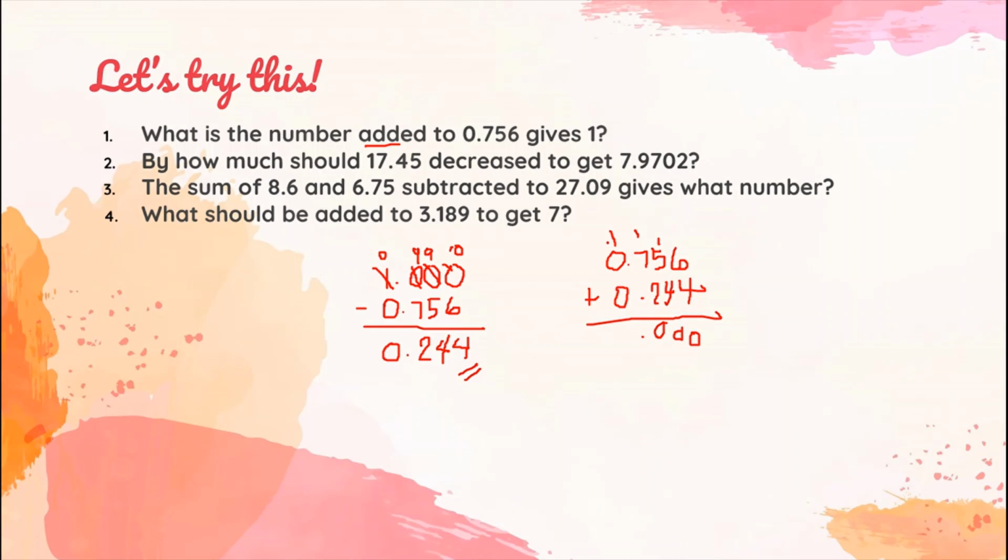Align the decimal point, and 1 plus 0 is 1. So we got our answer, a whole number 1. So the number that we're going to add to 0.756 is 0.244.